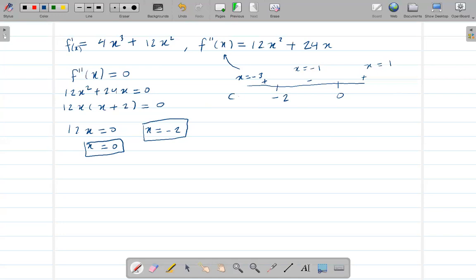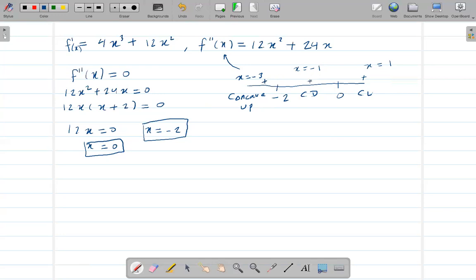Or let me write the whole thing this time, concave up. If this is negative, it's concave down, or let me just write CD, concave down, and plus means again concave up. As we can see here, this region we get positive, and this region we get negative.